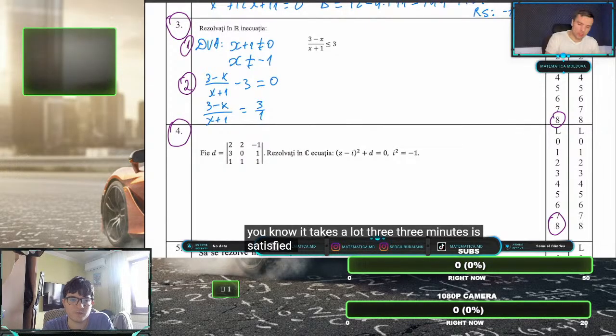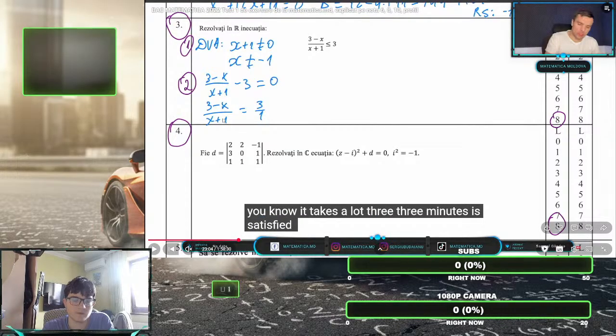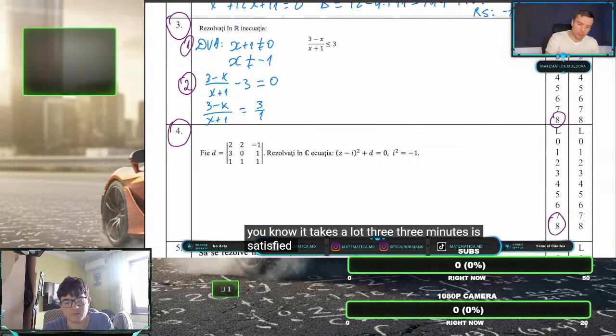So 3 minus x is going to be equal with the bottom left thing, x plus 1, times the upper right 3. So x plus 1 times 3. It's not going to be x plus 3 because you got to multiply every term, so it's going to be 3x plus 3. So basically 3 minus x is equal with 3x plus 3.